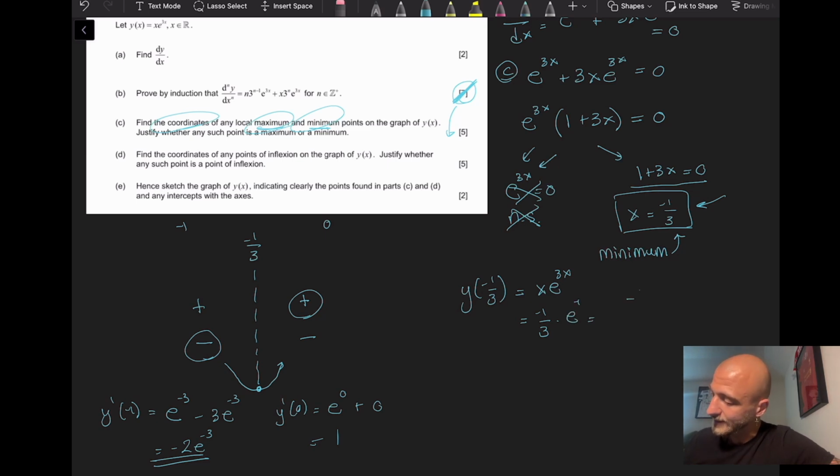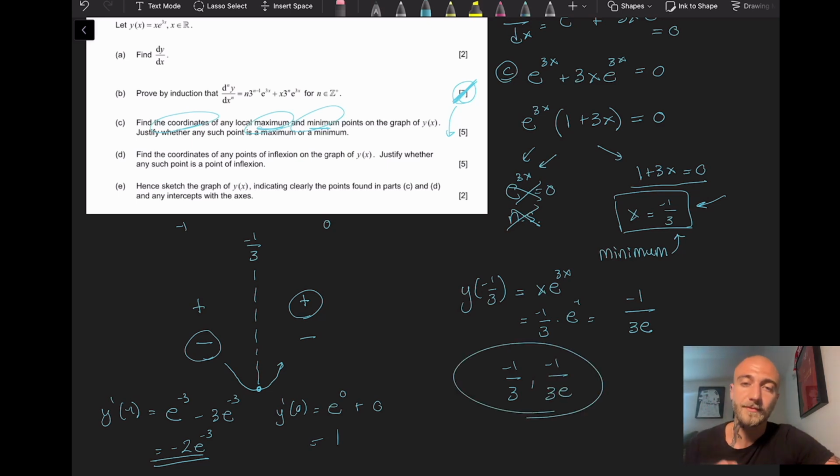We can rewrite this as negative 1/3e. Based on our rules of exponents, a negative exponent can be written as positive if I bring it below the fraction. So the coordinates for this point, negative 1/3, negative 1/3e, are the coordinates for the minimum. Part C is done. Let's move on to part D.